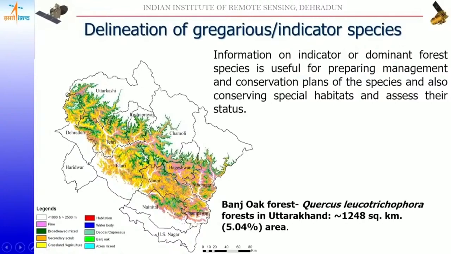In this image you can see the pine forest, because most of the forest fire that is associated with the foothills of the Himalayan area is associated with the distribution of the pine forest.